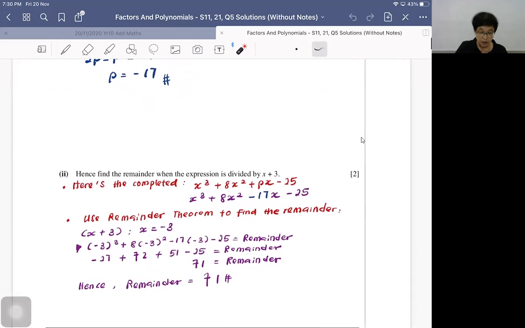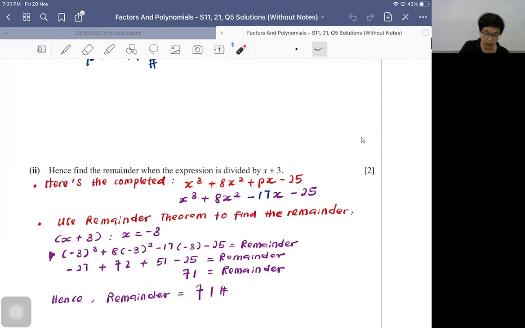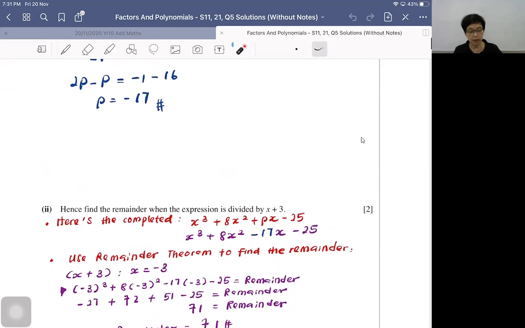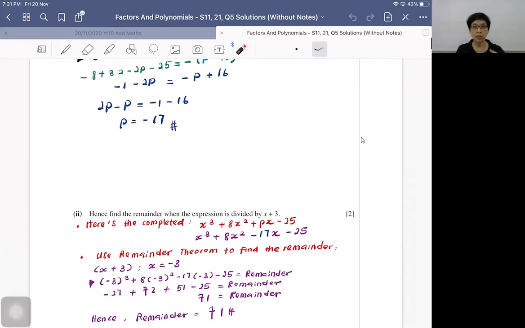Now, section 2. Hence, find the remainder when the expression is divided by x plus 3. Okay, with the word hence, it's just giving you the clue that you're going to use the answer that you get from part 1 in your section 2.